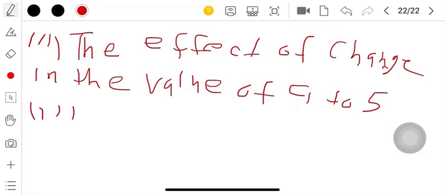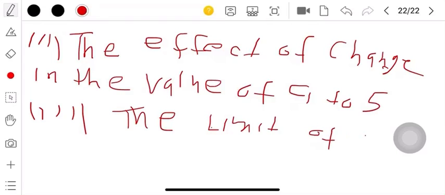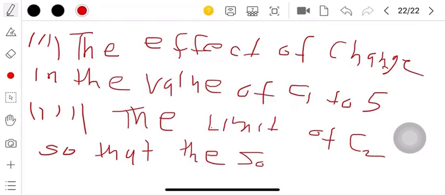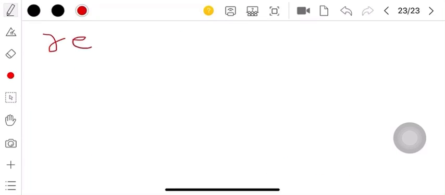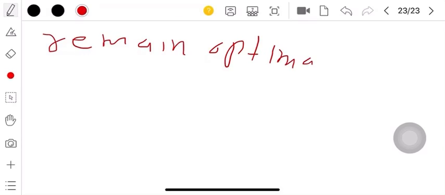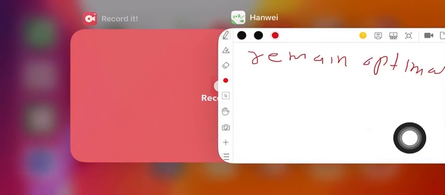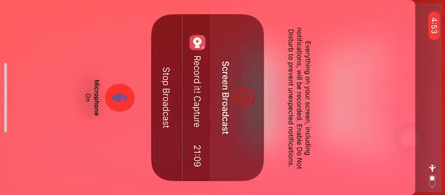Third, the limit of C2 so that the solution remains optimal. Okay, so this is your assignment that you need to solve at your home.